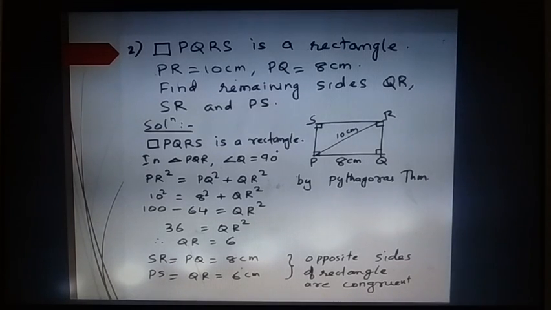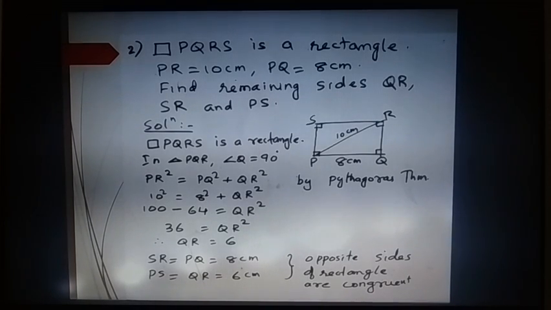Substituting the values, 10 square is equal to 8 square plus QR square. 100 minus 64 is equal to QR square. 36 is equal to QR square. Taking square root, QR is equal to 6.